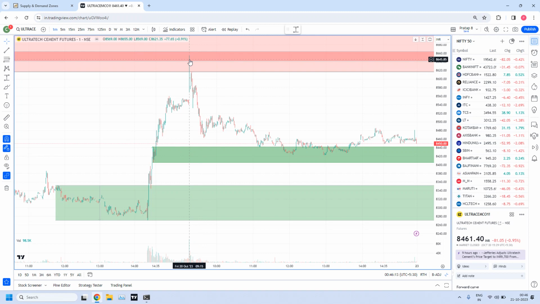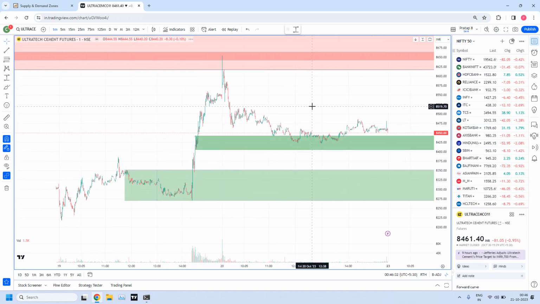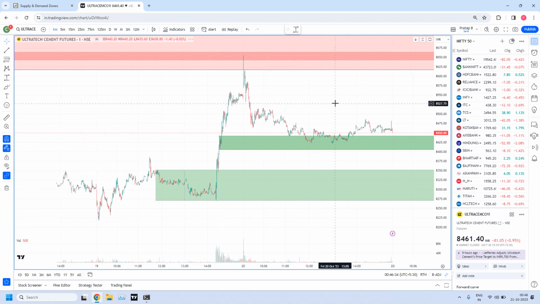And finally, it is able to identify this is the area where there could be more pending orders. That way, our software is predicting. Okay, this is about ULTRACEMCO.